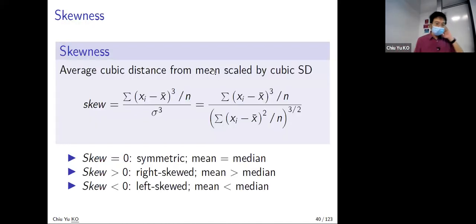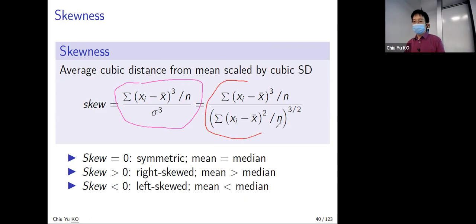The first thing is skewness. The measurement is rather simple. It looks crazy, but let me explain that it's not something terrible. The skewness is here. Look at this formula first, because the other formula is just rewriting things from the left hand side.